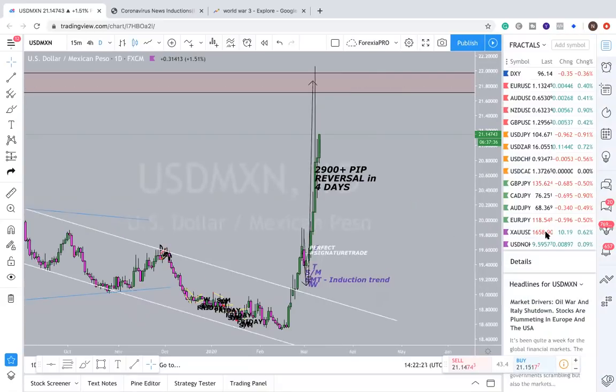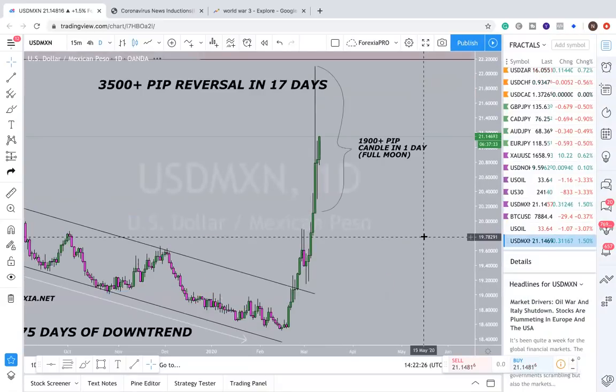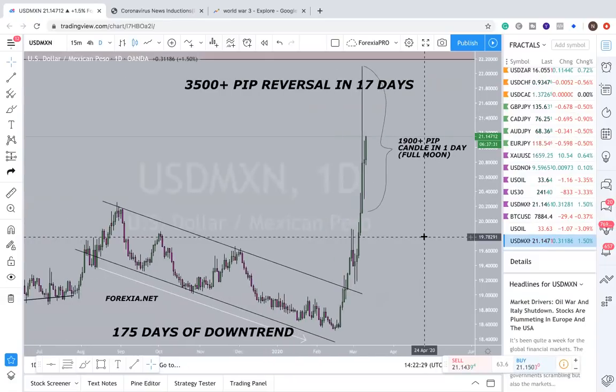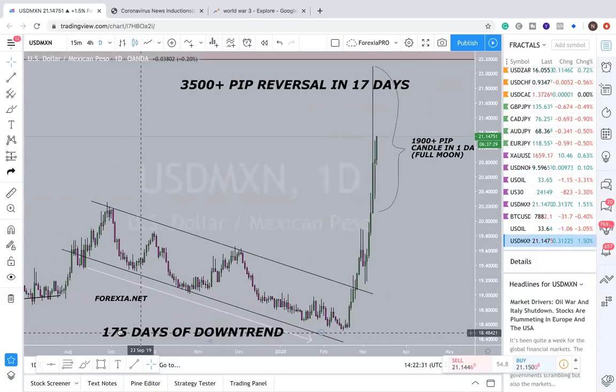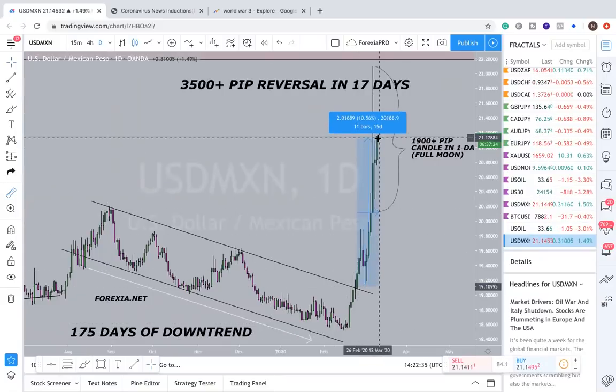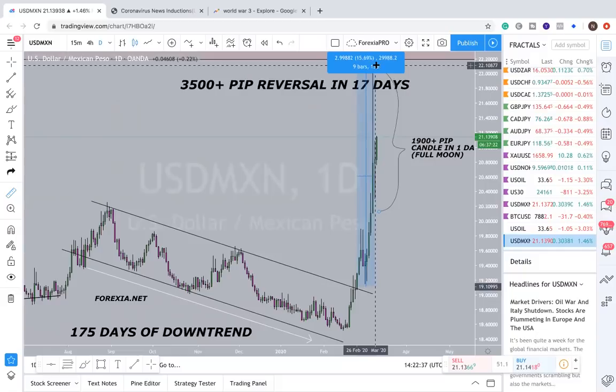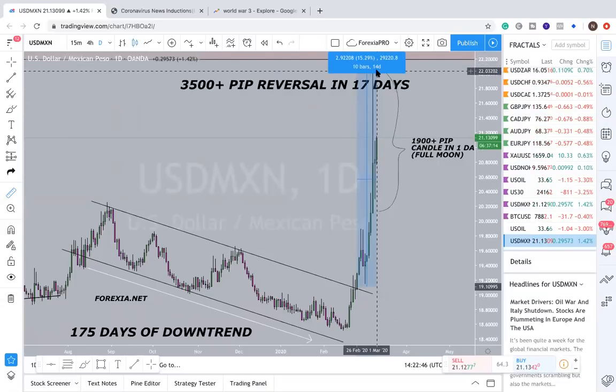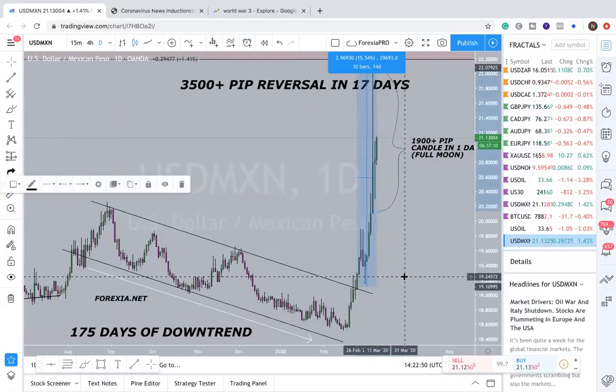Gonna have to clean that up. 175 days of downtrend, and in 3 days, it moves, 14 days, it moves a total of 3,000 plus pips.